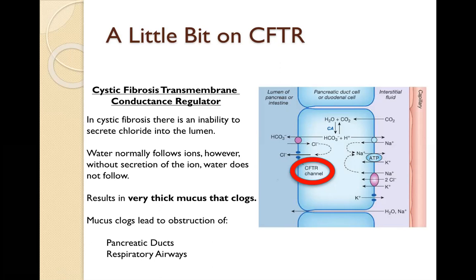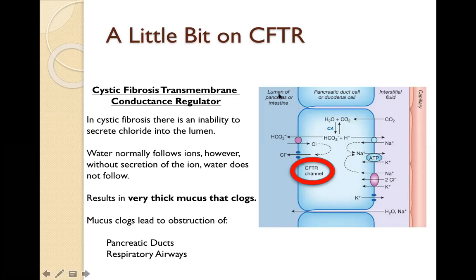And the majority of people, when they think of cystic fibrosis, they think of the lungs, and they only think of the lungs. And that's true to an extent, in that there is a very serious respiratory effect of cystic fibrosis, whereby all the little airways get plugged with really thick mucus. But what people generally don't think about are the gastrointestinal effects of cystic fibrosis. And so the blockage of the pancreatic ducts.